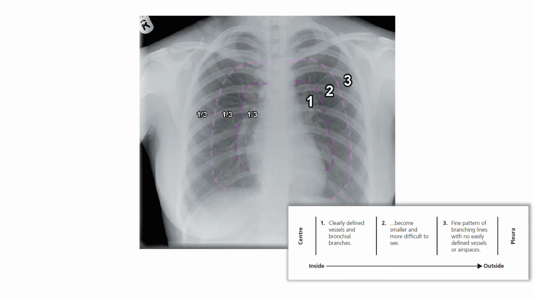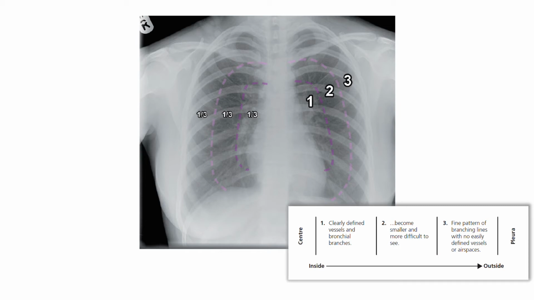Normal lung markings are actually blood vessels in the lungs. They are visible on a chest radiograph as the X-rays are absorbed by the iron in the blood. If each lung is divided into 3 from the inside to the outside, you can appreciate how normal lung markings change. In the photo, the first third is the area closest to the mediastinum, and in this area, you will be able to appreciate clearly defined vessels and bronchial branches.